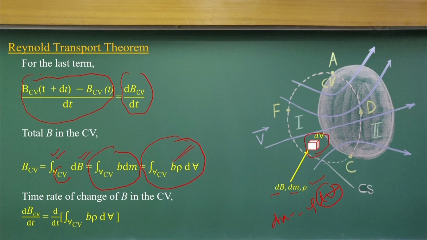If I integrate over this control volume, then I will know what the B_CV is. That means the time rate of change in the control volume we can write mathematically like this, just substituting B_CV at this point. It is the volume integral of b, density and dV. If I do that, it represents the rate of change.